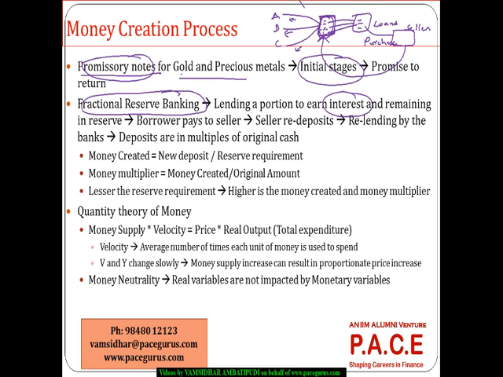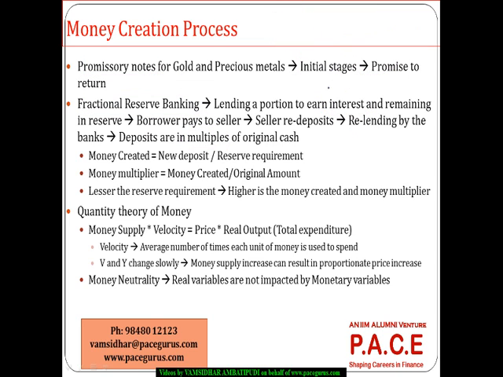And for whatever amount got redeposited, the bank can again do the relending process, which means there is a cyclic effect going on. Whatever the initial amount of money was, using that, the bank is able to create deposits which are in multiples of the original cash. Let me give an example.